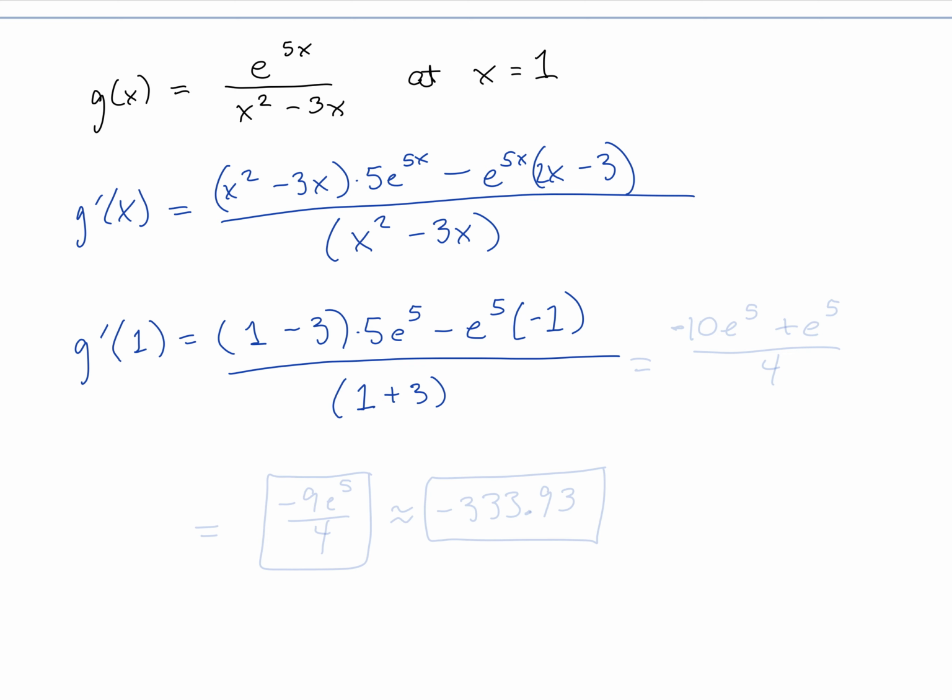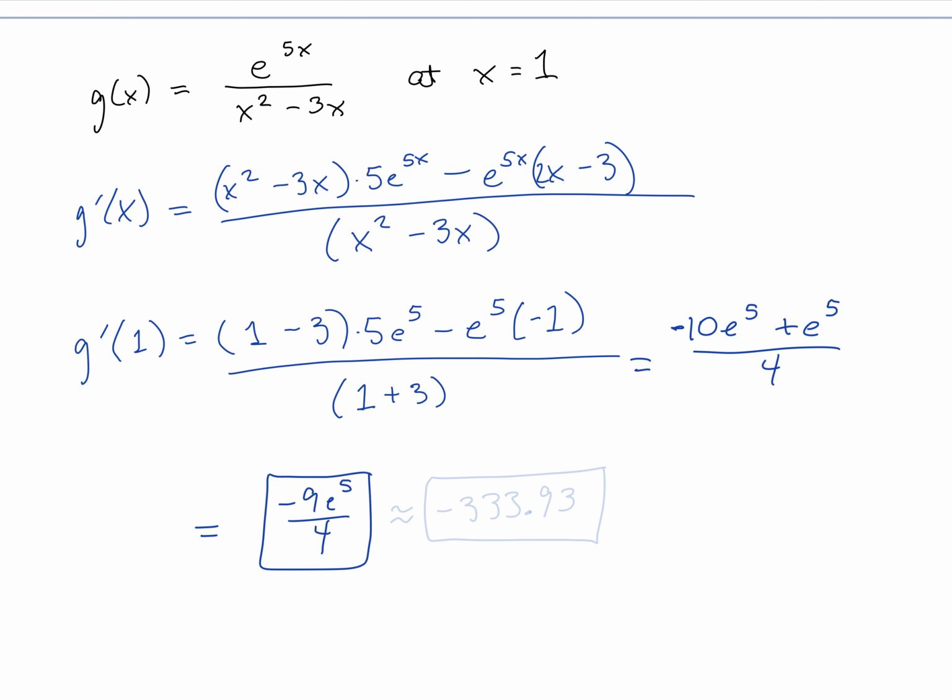So then we can continue to calculate that value. All right, so this is 1 minus 3, that's 2, times 5 is 10 e to the 5th, minus a negative, so plus e to the 5th, divided by 4. Oh, sorry, that was a 1 minus 3, so that's a negative 10 e to the fifth. And that gives us negative 10 e to the fifth plus e to the fifth, which is negative 9 e to the fifth divided by 4.